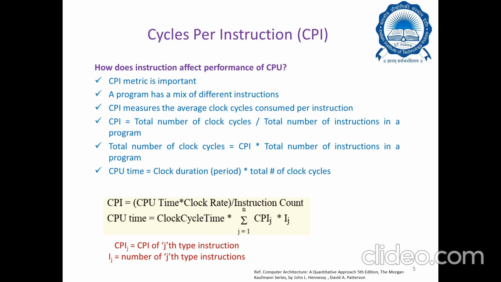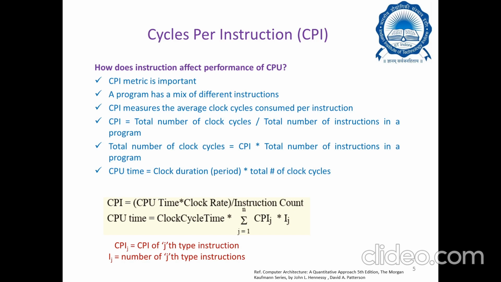So let us see another metric of performance, which is known as cycles per instruction, or CPI. How does the instruction affect performance of the CPU? The CPI metric is important. A program usually has a mix of different types of instructions, so we could classify all the instructions into some specific types.